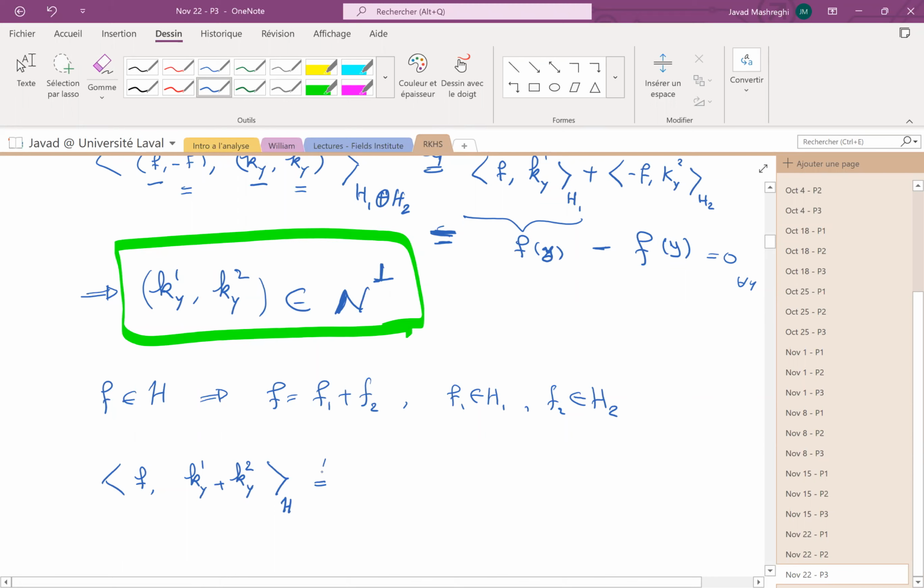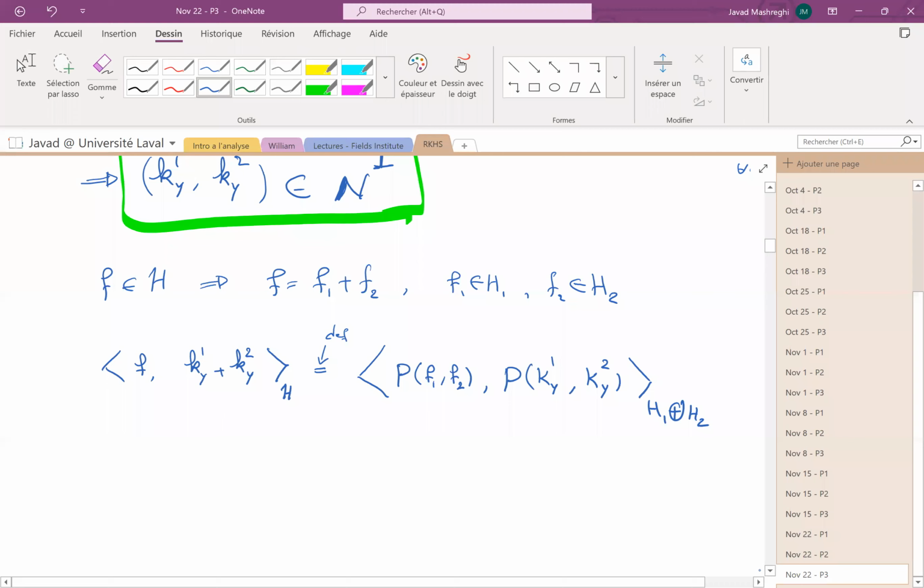This is, by definition, equal to the projection of any representation of f, I take here f1 and f2, and the projection of any representation of the second element. Well, we have a natural choice, k_y^1 and k_y^2 in the space H1 plus H2.